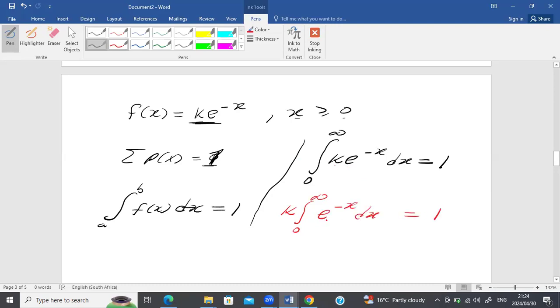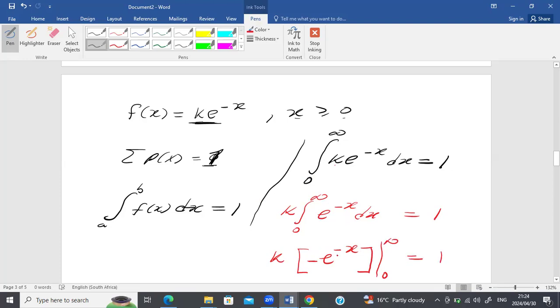This is an exponent: e to the power negative x, when you integrate it, you get the same thing, but since the power is negative, the integral will be e to the power negative x with a negative sign. The limits are from 0 to infinity, and this should be equal to 1.